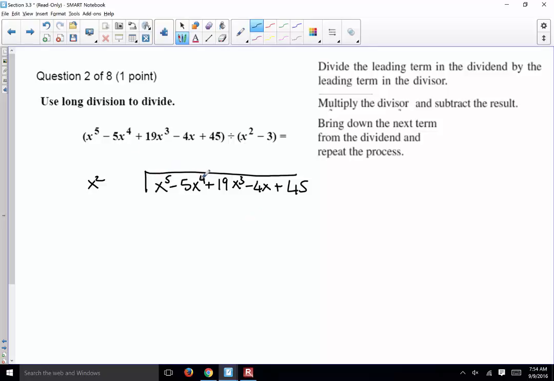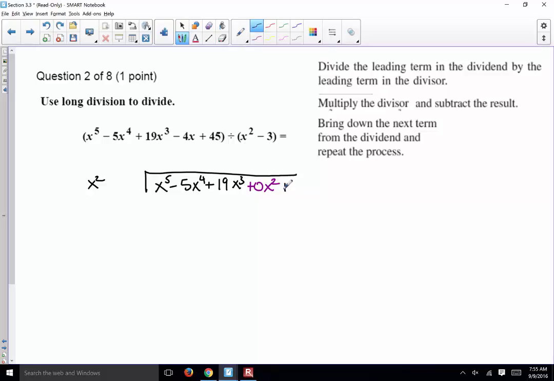So I have fifth, fourth, and third powers present. And then the first power. What happened to the second power? I need to make it visible. If the second power is missing, that means it has 0 coefficient. So I still put 0x squared, and then continue writing the next items.